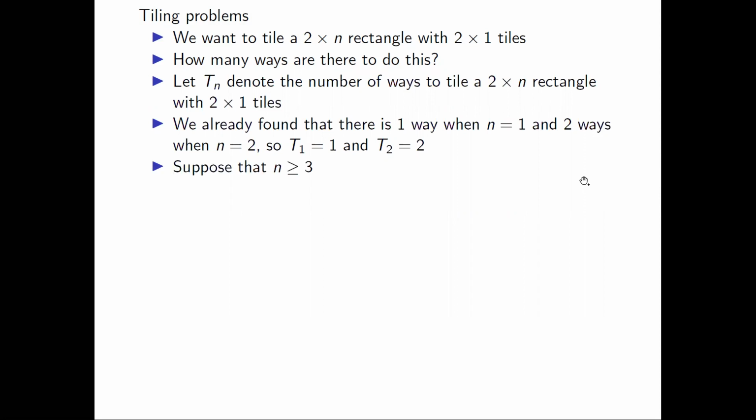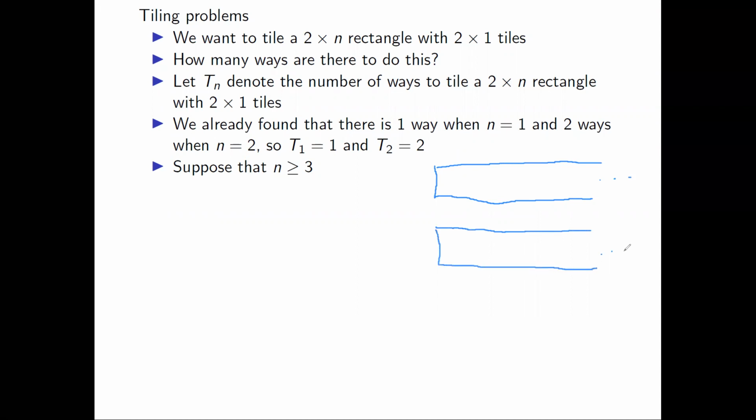Now we'll suppose that n is greater than or equal to 3. Then we have some 2 by n rectangle here, and it goes on, we don't know how long. There are 2 possibilities for how we tile on the very left of it. On the very left, we can use a vertical tile, or we can use 2 horizontal tiles.